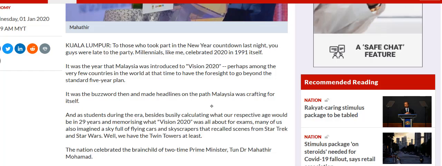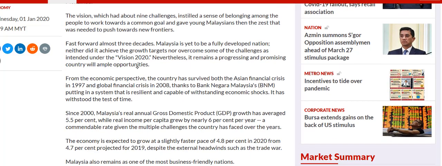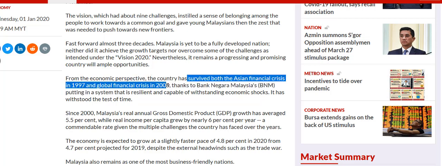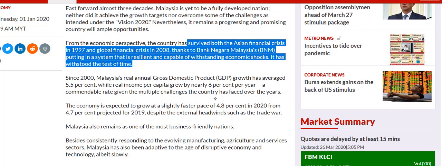And look at how people just can't predict what is happening. And look at this. They say that from the economic perspective, we survived the Asian financial crisis 1997, global financial crisis 2008, thanks to Bank Negara, which is resilient.